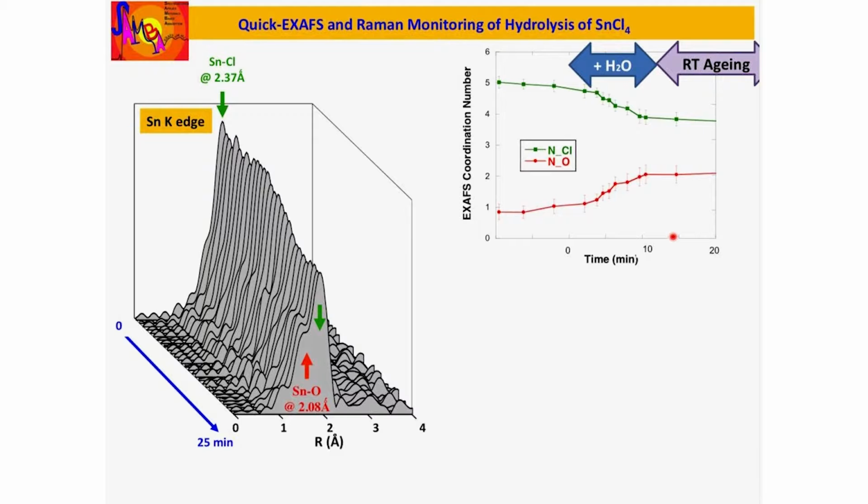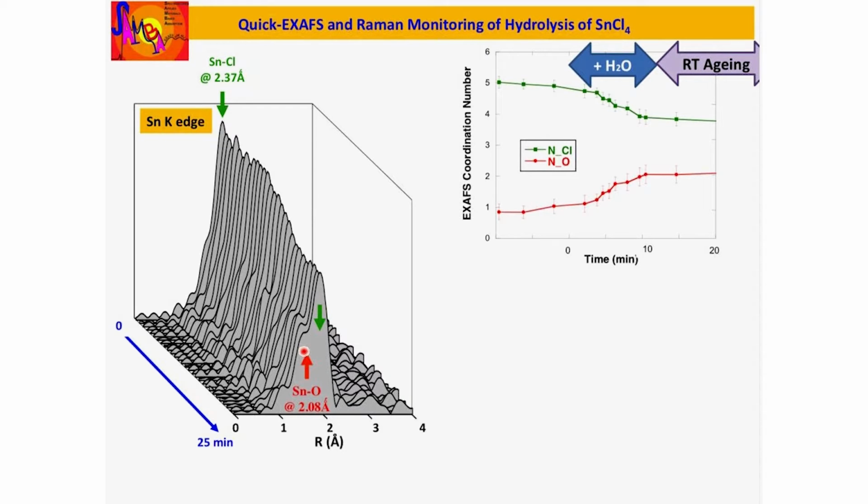So here you have the results obtained during the addition of water and aging at room temperature, gained by X-ray absorption spectroscopy recorded at the tin K-edge. That means that we are just looking at the local order around tin. Here in this Fourier transform, you have an intense contribution, marked by this green arrow, which is related to the chlorine atoms in the first coordination shell around tin.